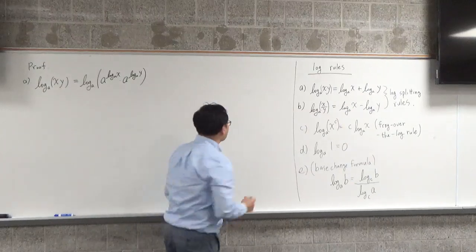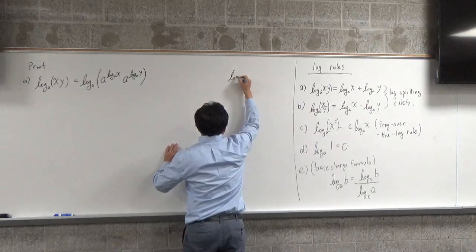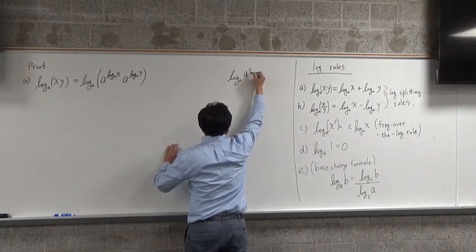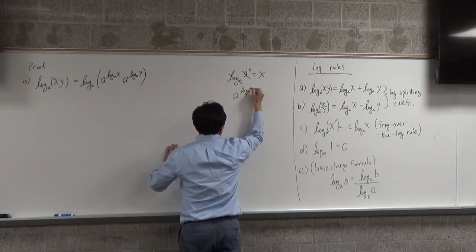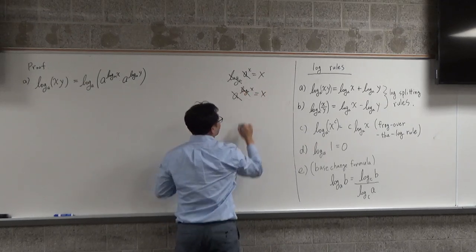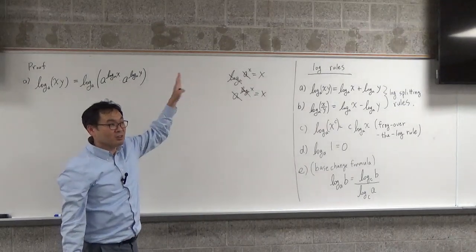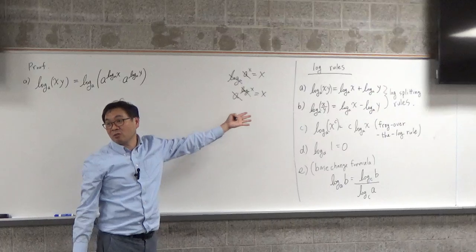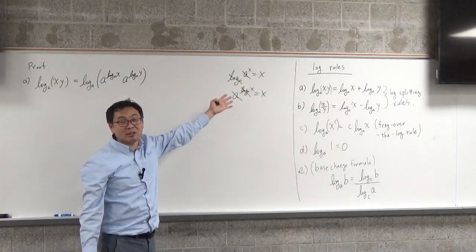I erased the definition, but remember, the definition of the log is that it satisfies two cancellation laws. They cancel like this, and also these cancel like that. These are the two cancellation laws, which are the fundamental property of logs. Accepting this will enable you to prove anything about logs.